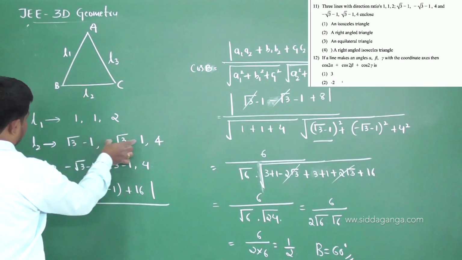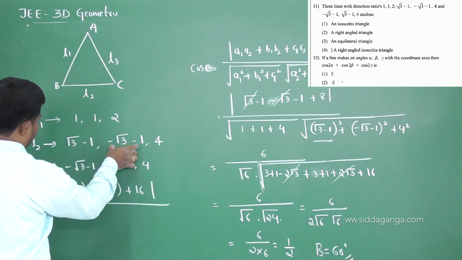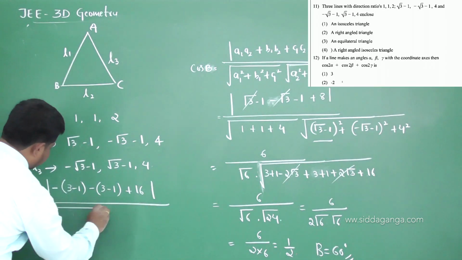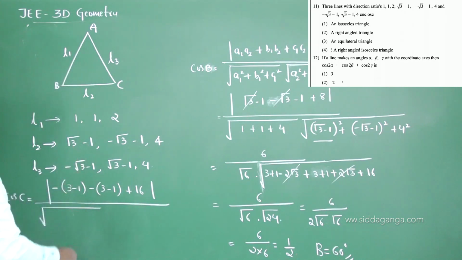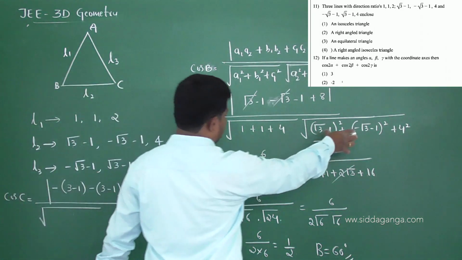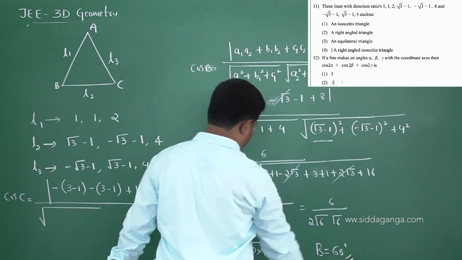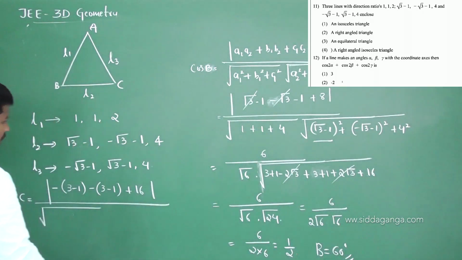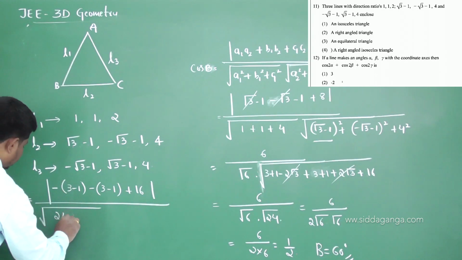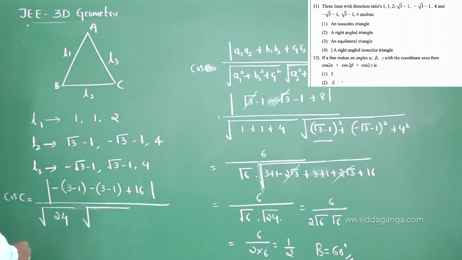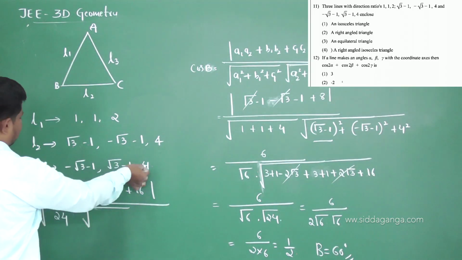Now divide by the root of this square plus this square, A1 square plus B1 square plus C1 square. Already we have squared this here, and we got the value. This is root 24, right? So root 24 into the same root 24.